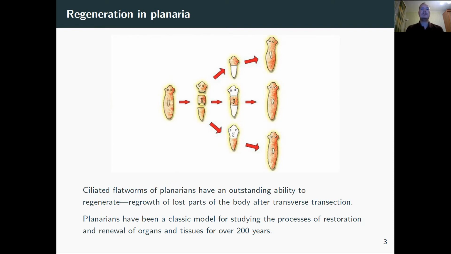Planarians have outstanding abilities for regeneration. With a transverse section in the head region, both parts of the planarian body survive. The head part grows the tail end, and the tail part grows the head end.